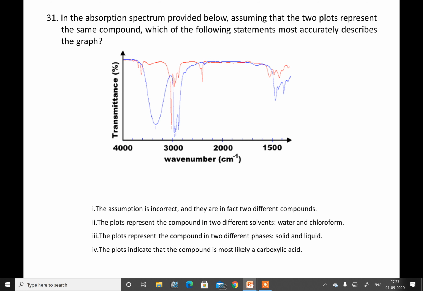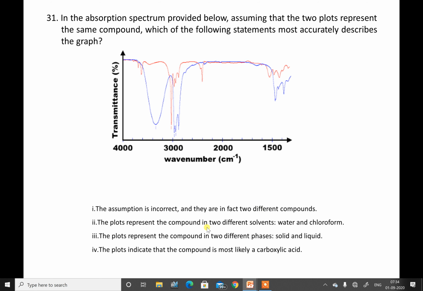In the absorption spectrum provided below, assuming that the 2 plots represent the same compound, which of the following statements must accurately describe the graph? The assumption is incorrect, and they are in fact 2 different compounds. You have to concentrate on the fingerprint region, and also identify that in the functional group region there may be certain things coming from the solvents.